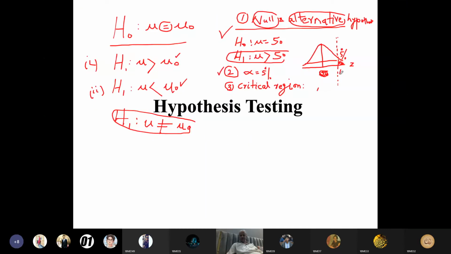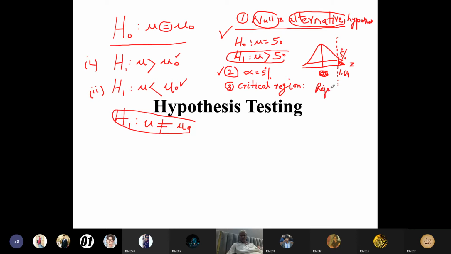So it's 1.64. Now, this one is a safe region. So where you reject, you will be rejecting. This one is a decision making rule.